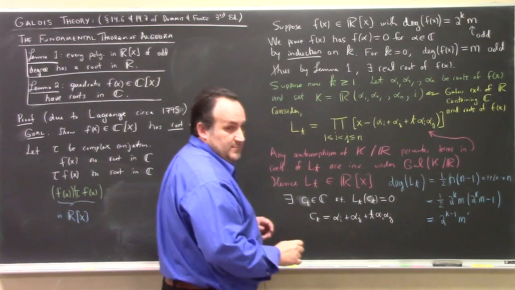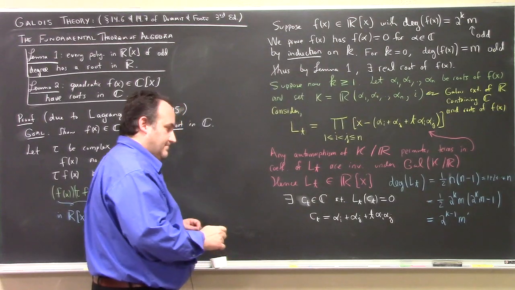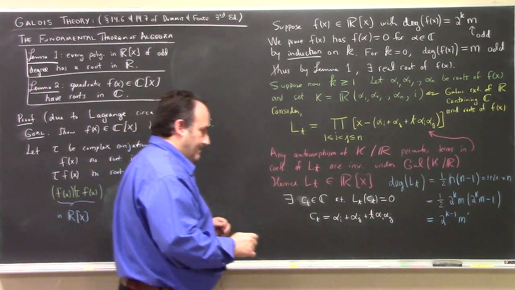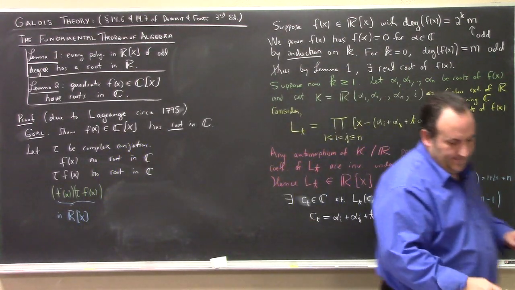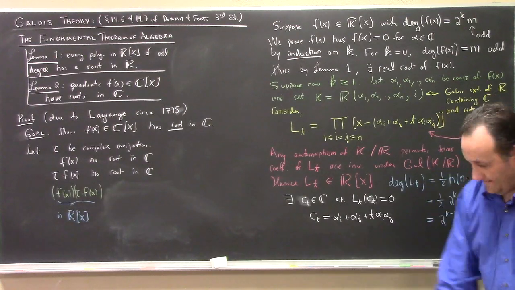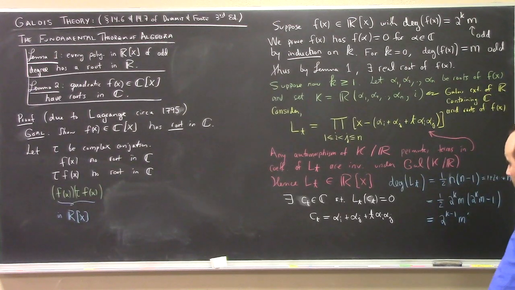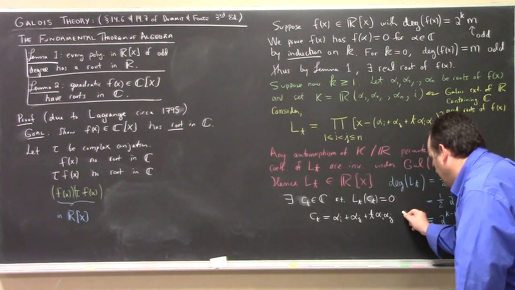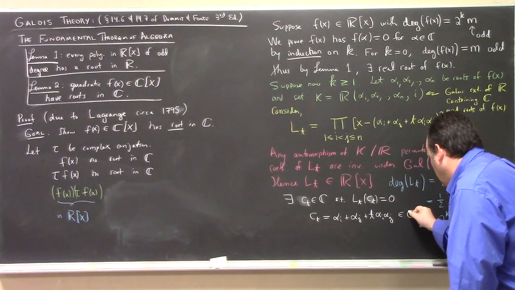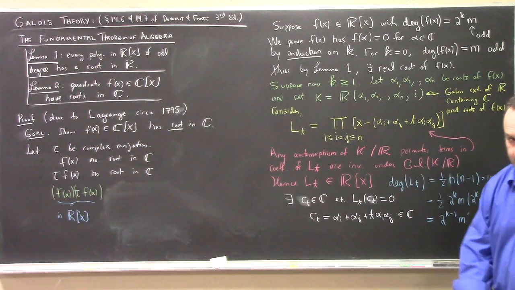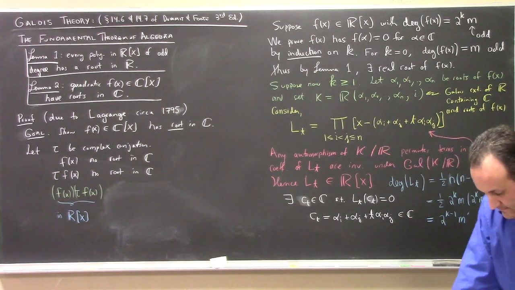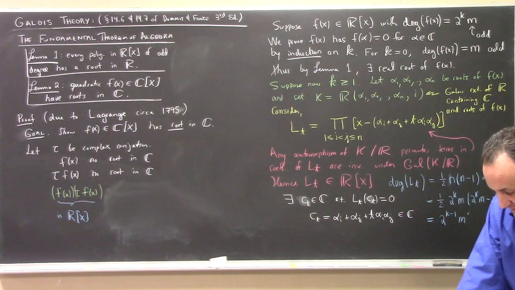And what I was getting at is that if you take an arbitrary c sub t, we have that this is a complex number. Therefore, that's saying that for any polynomial of degree k, we get a complex root.